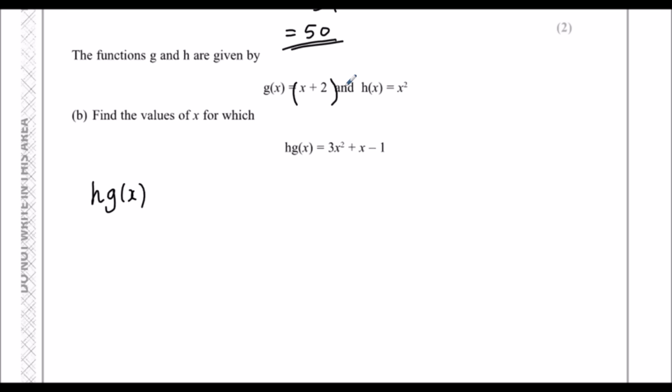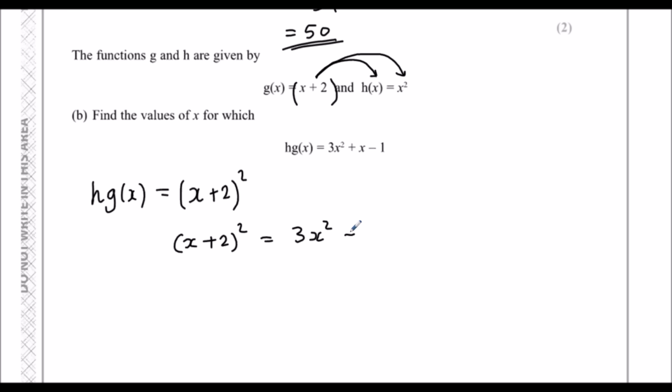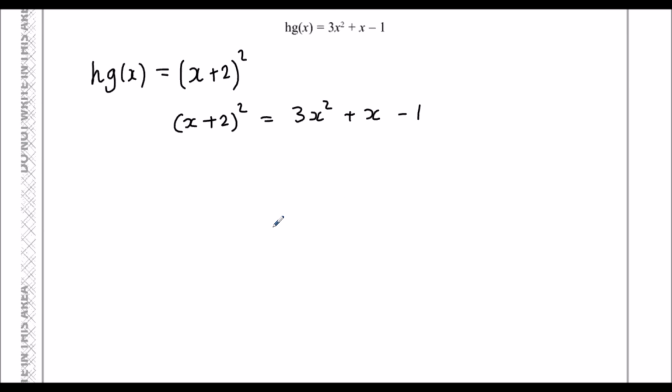So g is x plus 2. If we put that into h, h of x plus 2 is x plus 2 squared. So we're now making that equal to 3x squared plus x minus 1. And we're going to solve this equation.